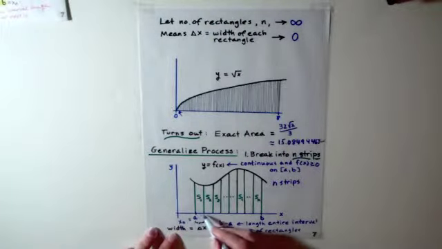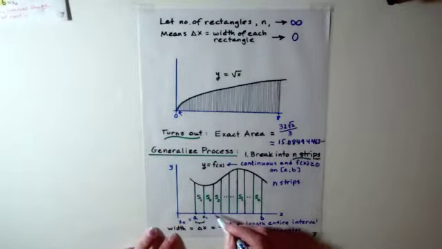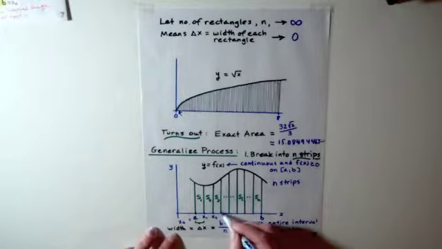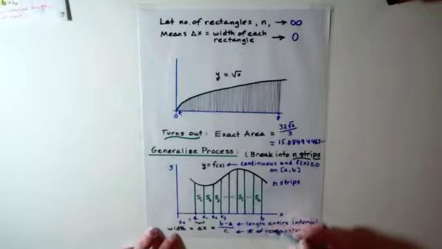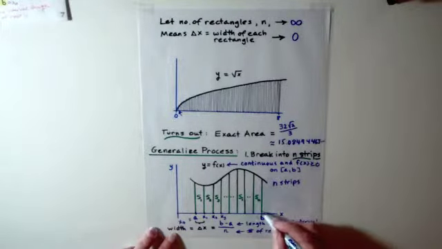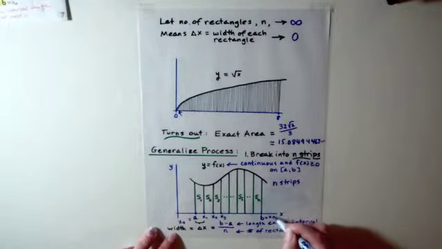And then the next strip will begin at x sub 1. The next strip will begin at x sub 2 and so on. So we just label these with subscripts since we're looking at a general setting.